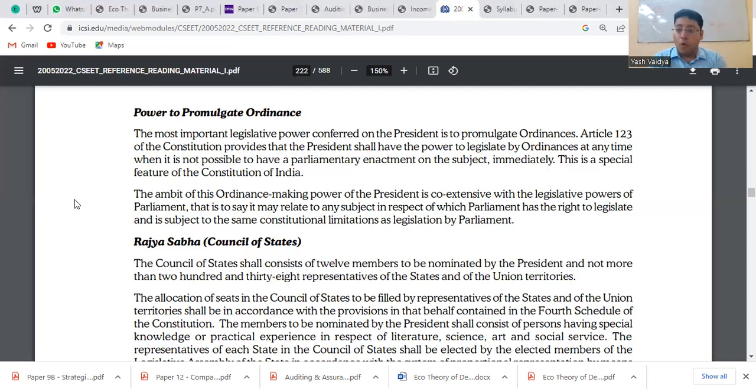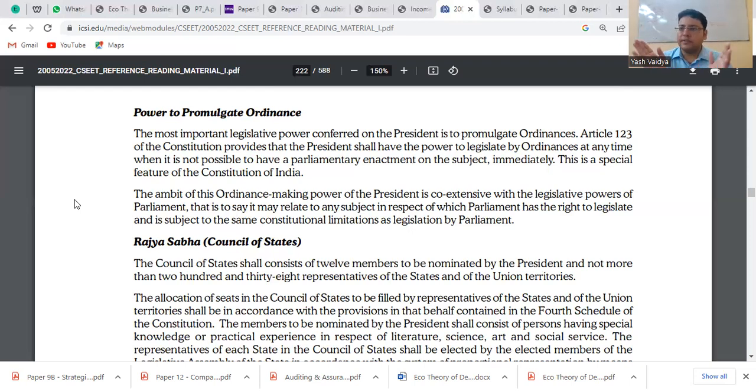Right? And definitely ministers will work for 365 days, or the whole bureaucracy will work for 365 days. All the government departments are open for 365 days. But Parliament works collectively only for certain days, what we call the sessions of Parliament.